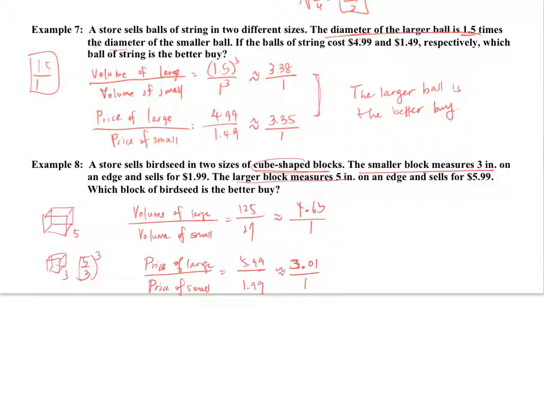Now, because the price increase from $1.99 to $5.99, the price increase is less than the volume increase. So you would get more birdseed for your dollar if you buy the larger one. So in conclusion, the larger block is the better buy.